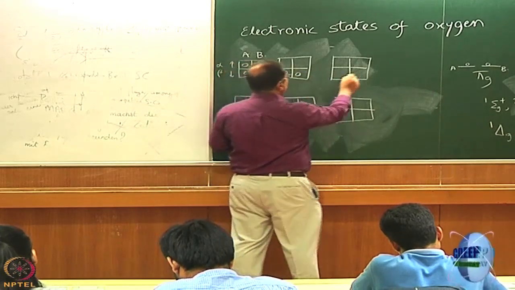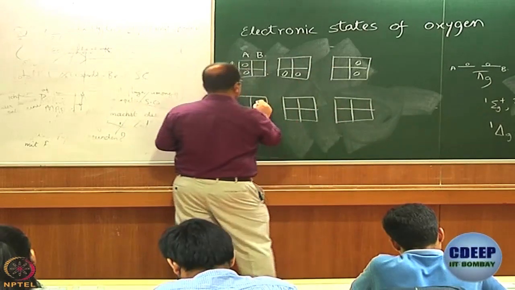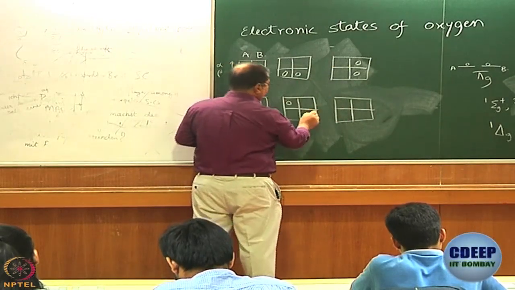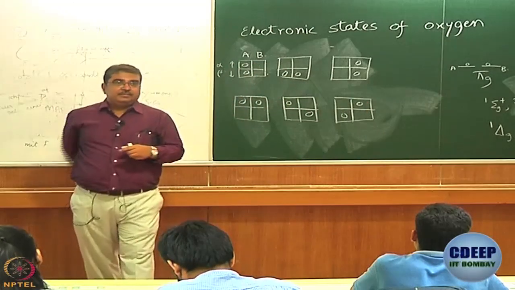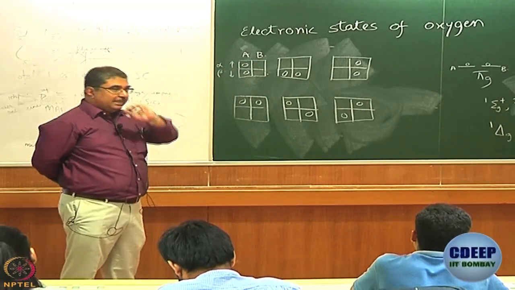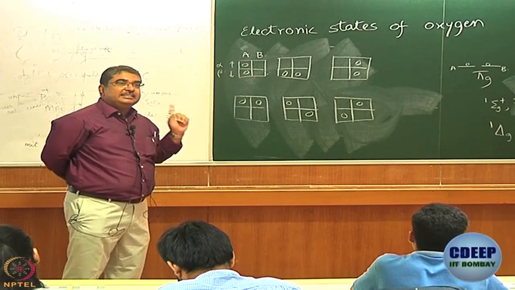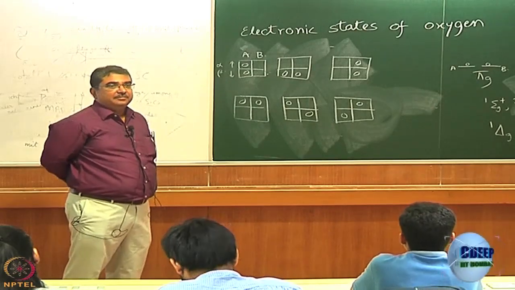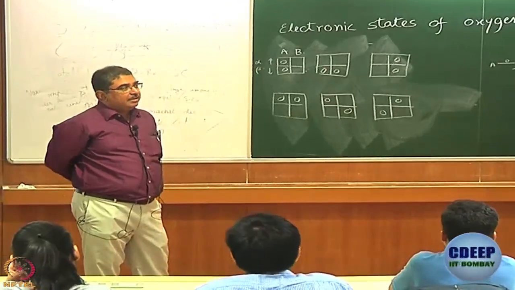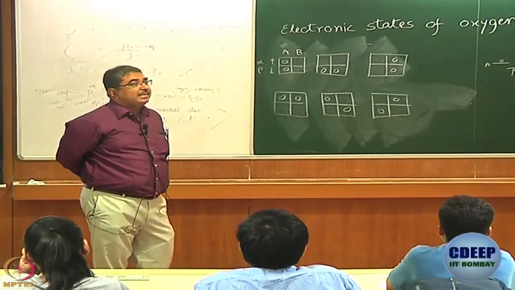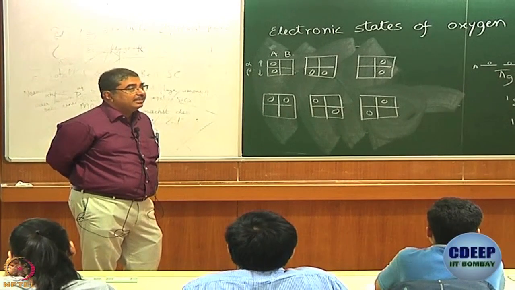Number 2, number 3, number 4, 5, 6, right. So, what I am saying is there should be only 6 states, not 16. So, there must be some way by which I should be able to eliminate 10 out of the 16 states that I have generated here.